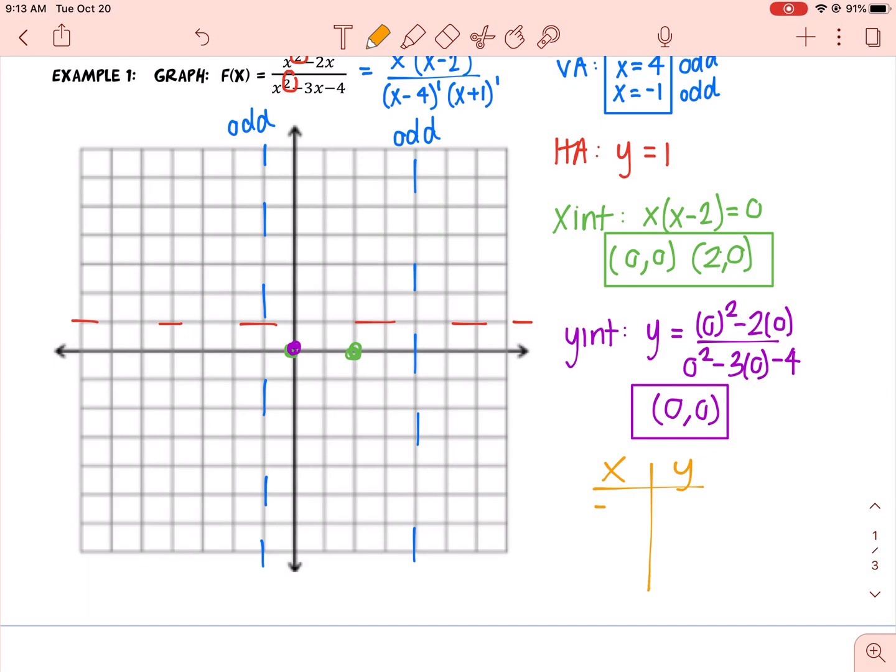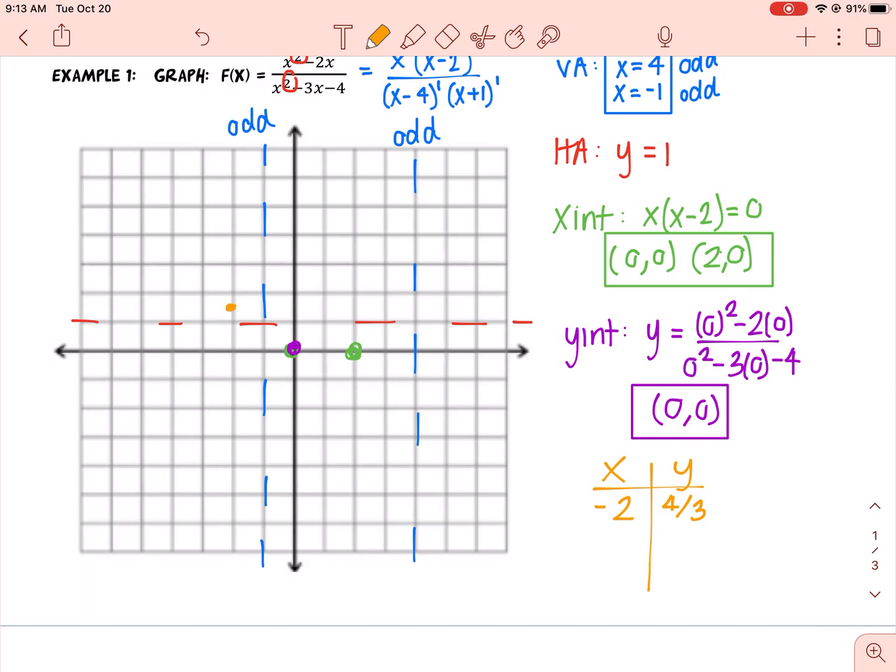So I'm going to pick like -2. If I plug in -2, I get like 1.33 or 1 1/3, so 4/3 if you want. So (-2, 4/3), there's that point.